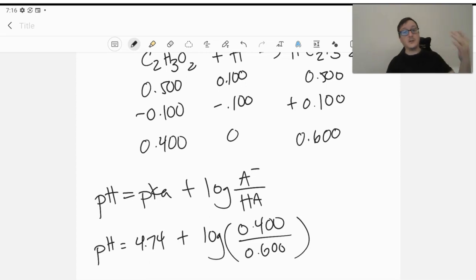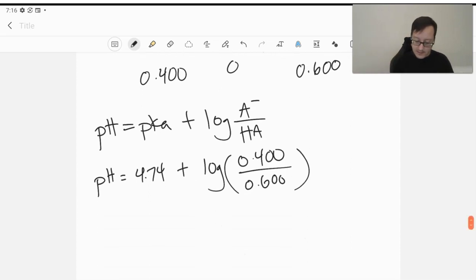So we have decreased the amount of conjugate base, we've increased the amount of weak acid, and so now we don't have something we can just cancel out, so time for your calculator. 4.74 plus log of 0.4 divided by 0.6. Make sure you've got your parentheses correct here. In doing so, 4.56 becomes our new pH, which is wonderful, right?